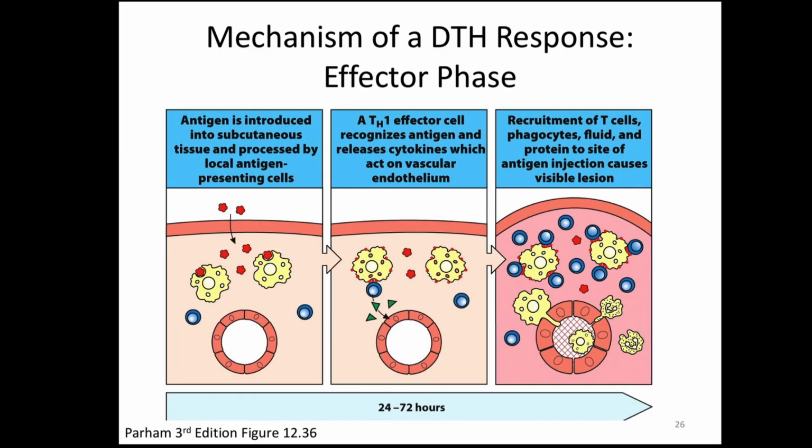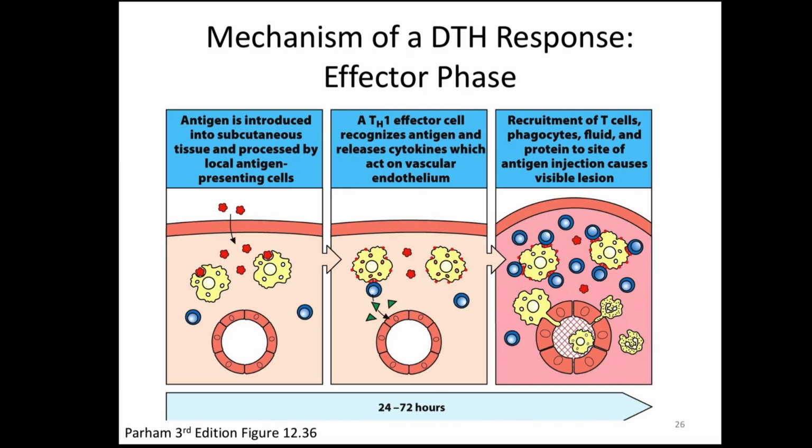Now we have this Th1 cell. Because it's a Th1 cell, it must have previously been activated. There must have been a previous encounter that made it go from a naive cell to a Th1 cell. So this is our second encounter. It's already a Th1 cell now. And it's going to activate a lot of macrophages. It's going to lead to a lot of inflammation.